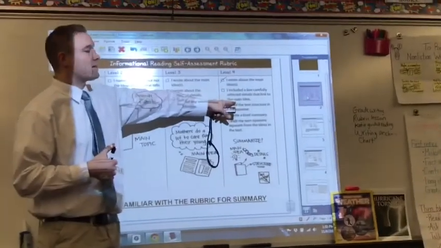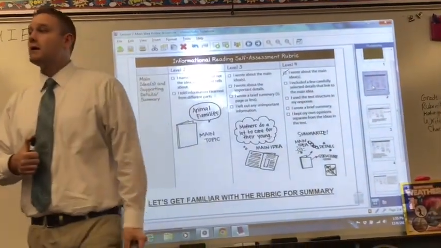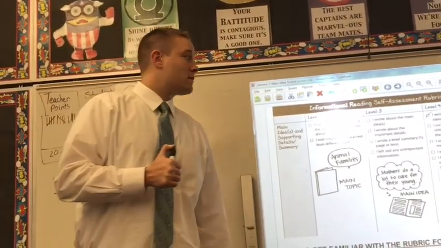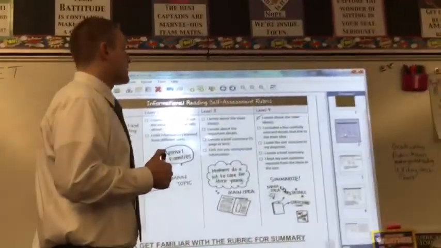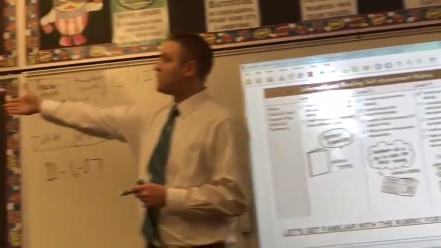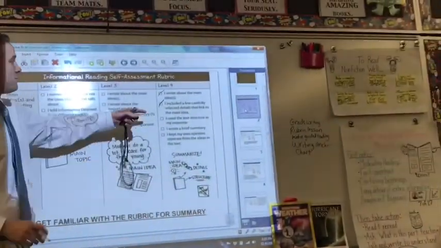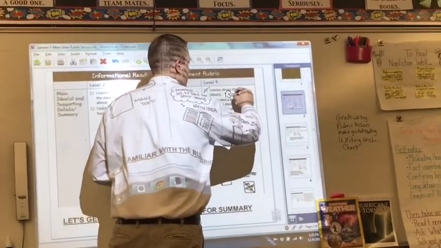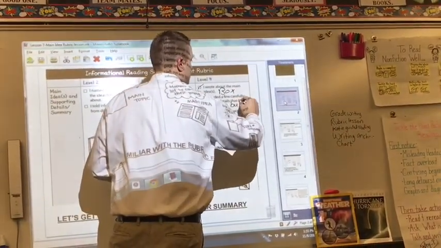Did you include a few carefully selected details that link to the main idea, or did you include the bullets? Did you include your supporting details? If you're following my anchor chart, you guys will have done that. So, do you have your box? Do you have your bullets?